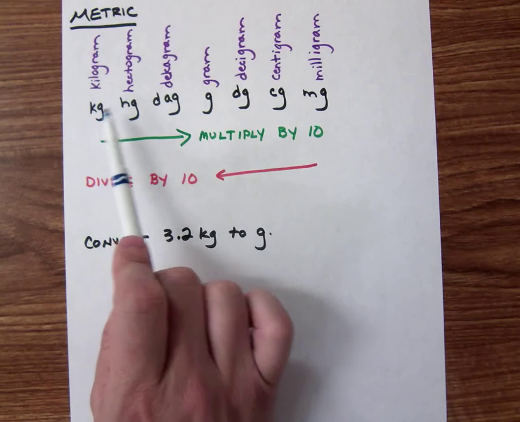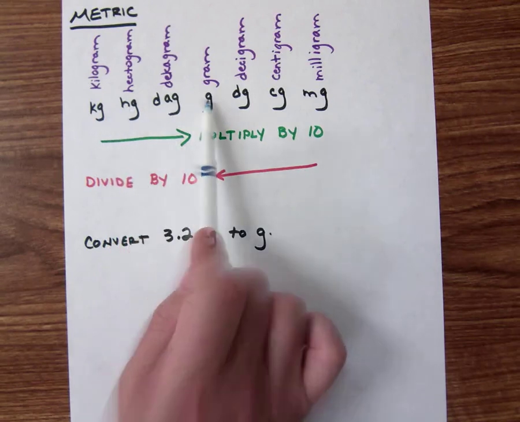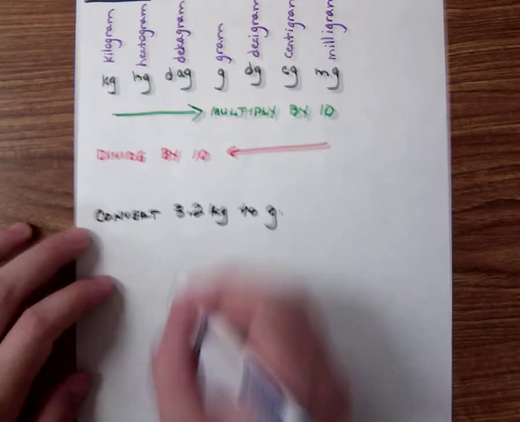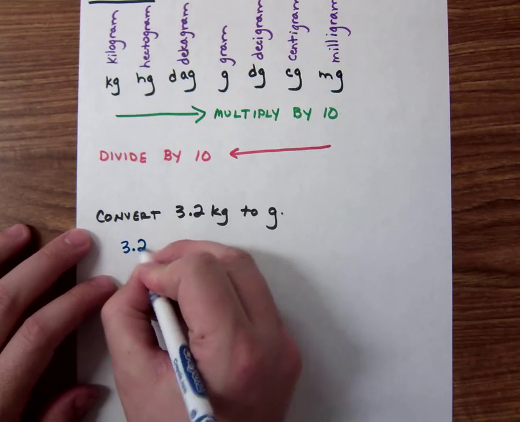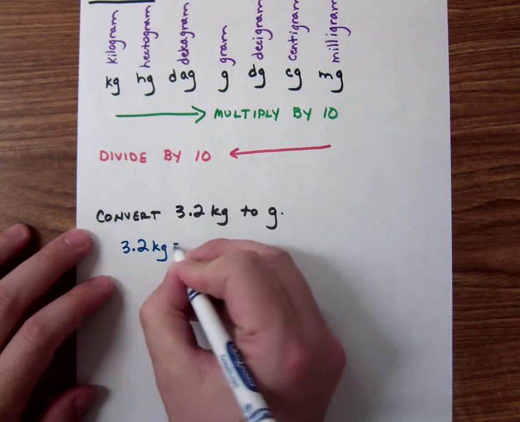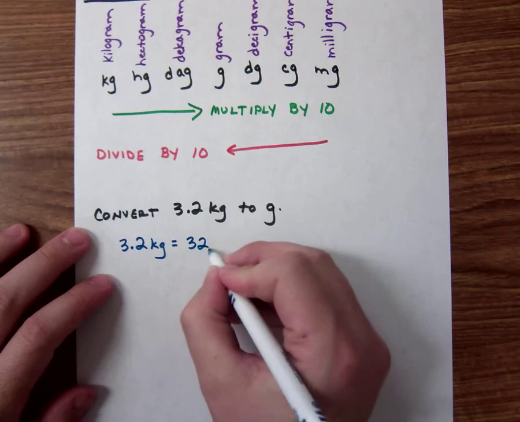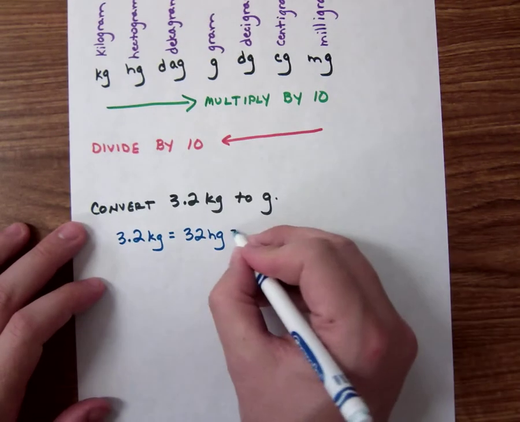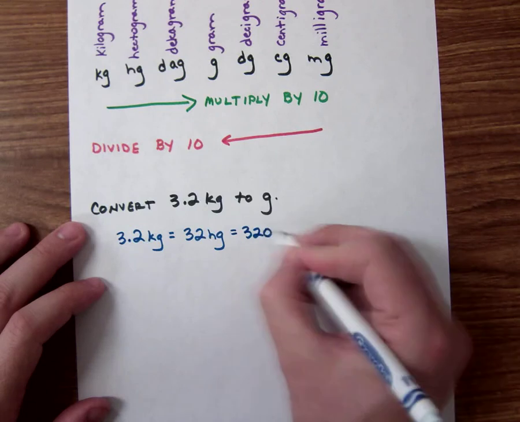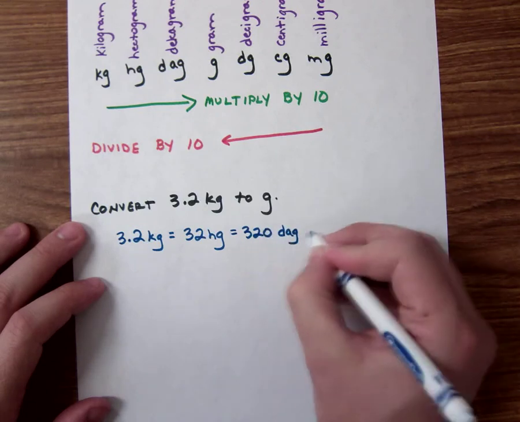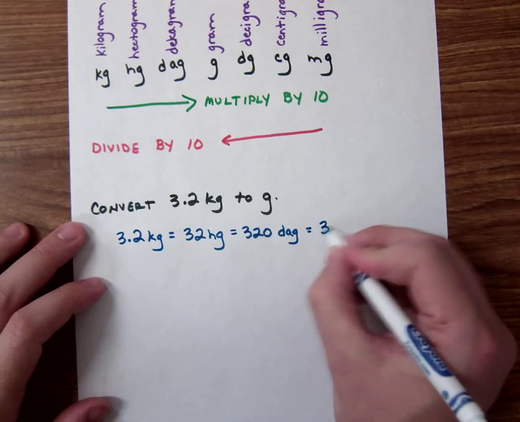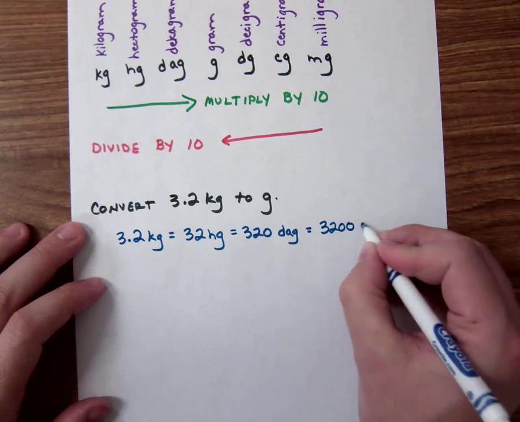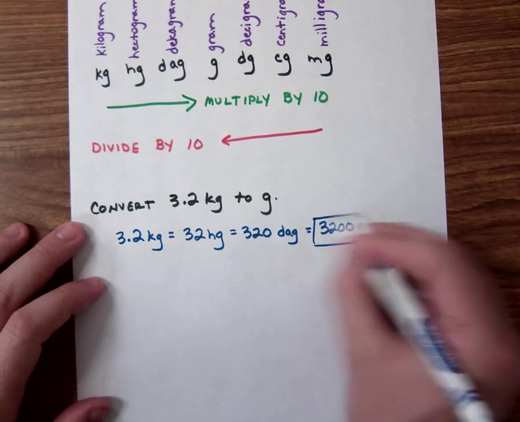So I'm going to multiply by 10 three times. If I take the 3.2 kilograms and multiply by 10 once, that gives me 32 hectograms. If I multiply 32 by 10, that gives me 320 decagrams. And if I do it one final time, that's 3,200 grams, which is the measurement I actually wanted.